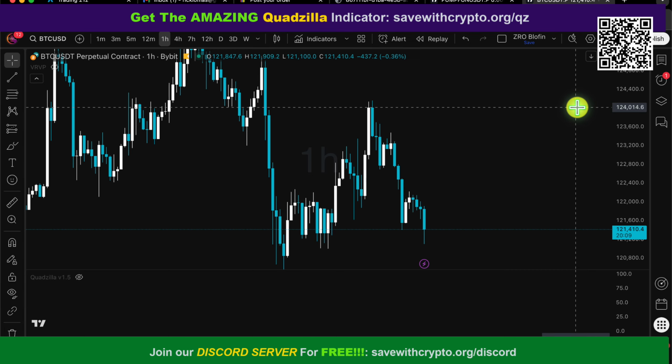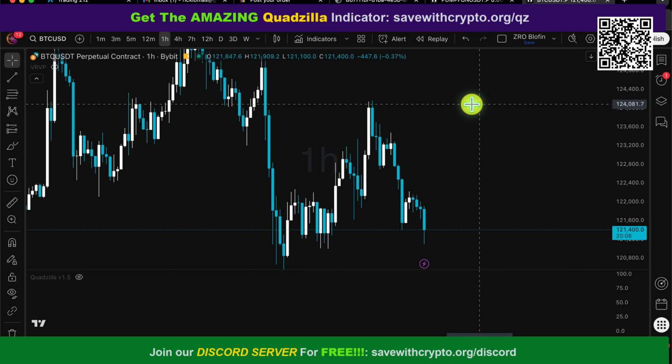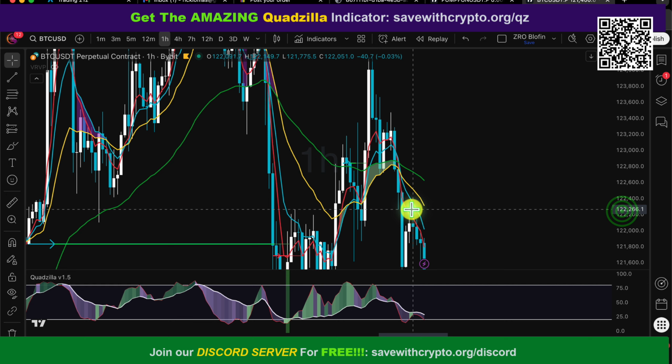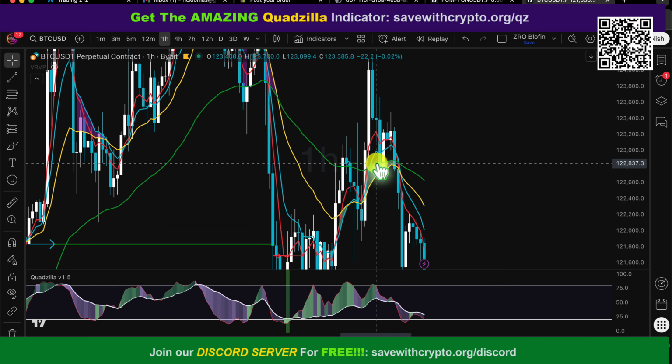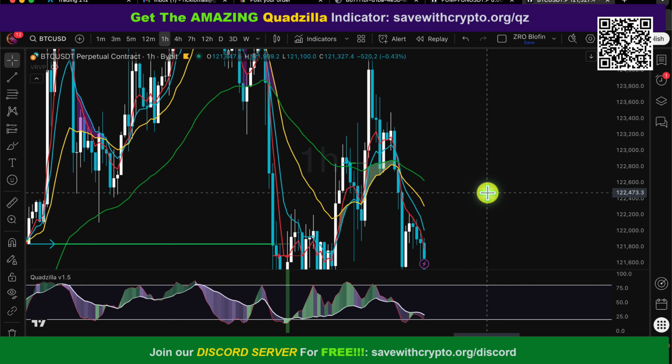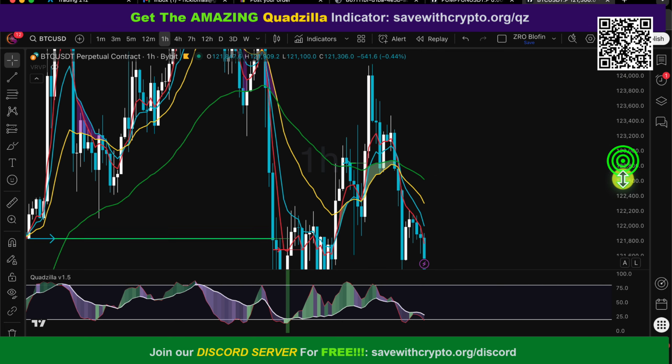Anyway, let's just have a quick look at Bitcoin just before I go. So the price came down quite a bit yesterday, and if we put on Quadzilla, you can see what happened here. So we were getting these yellow and green EMAs, that's 21 and 55 EMAs. We were getting those converging nicely yesterday, and it was looking like they were going to cross and it was all going to go up and everything was going to be unicorns and rainbows, but unfortunately they didn't cross over, so they actually came back the other way, and this means we're still in a downtrend.